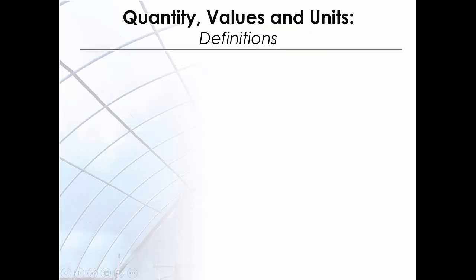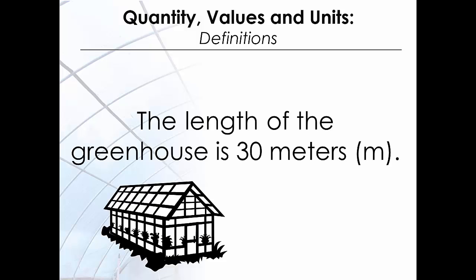To understand the world of quantitative analysis, it is necessary to comprehend some of the terminology. Let's look at this example, where the statement states that the length of the greenhouse is 30 meters. The property that is measured is called the quantity, and in this example, the length of the greenhouse is the quantity.